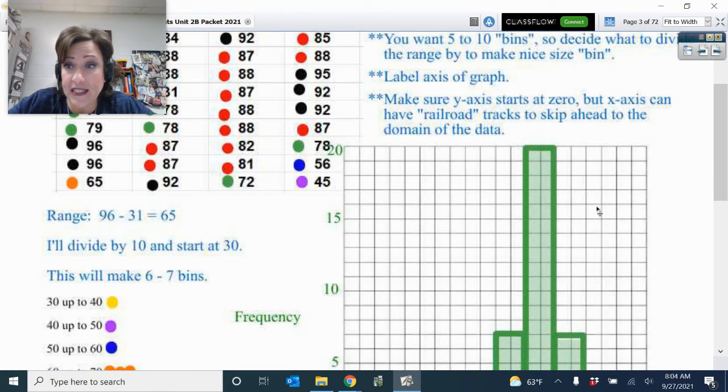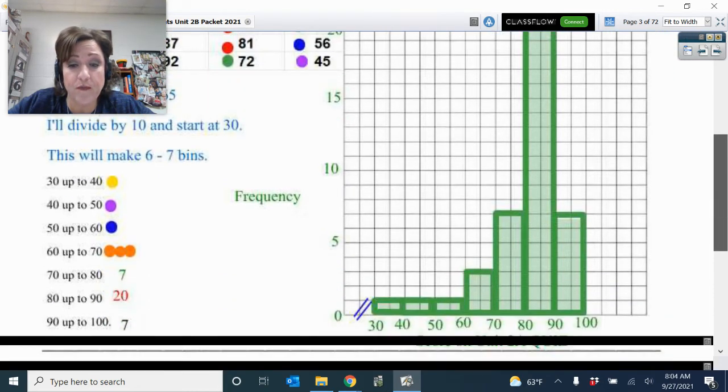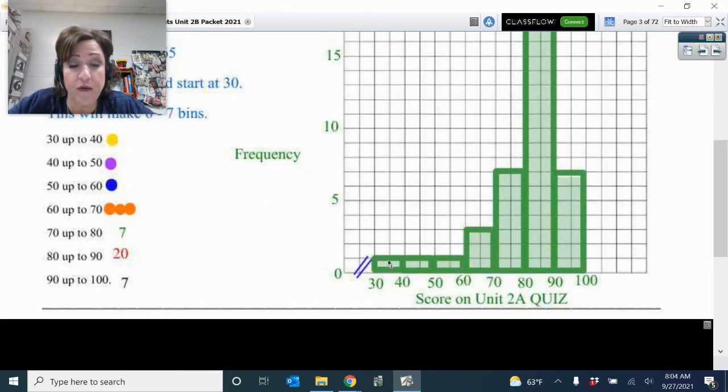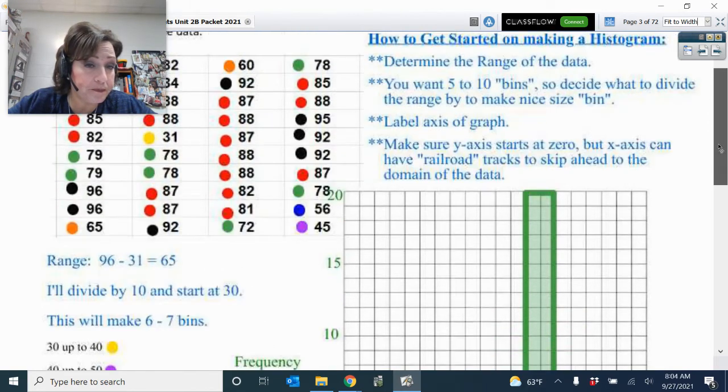That's a very important thing to note. If I had the number 40, then it would go in the bin to the right, because this first bin is 30 up to, but not including 40. This second bin is 40 up to, but not including 50, and so on.